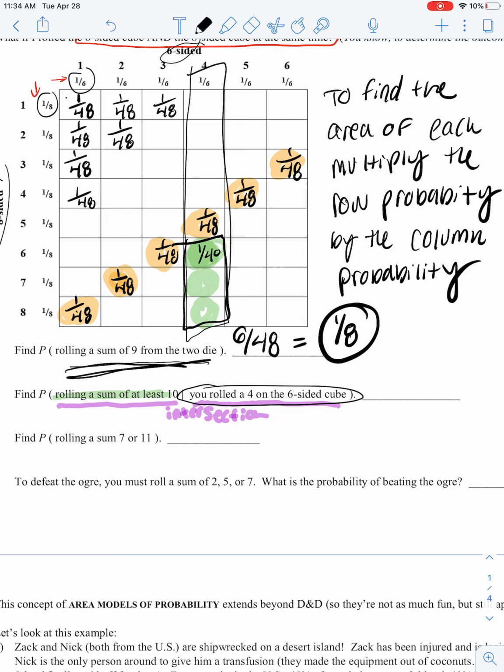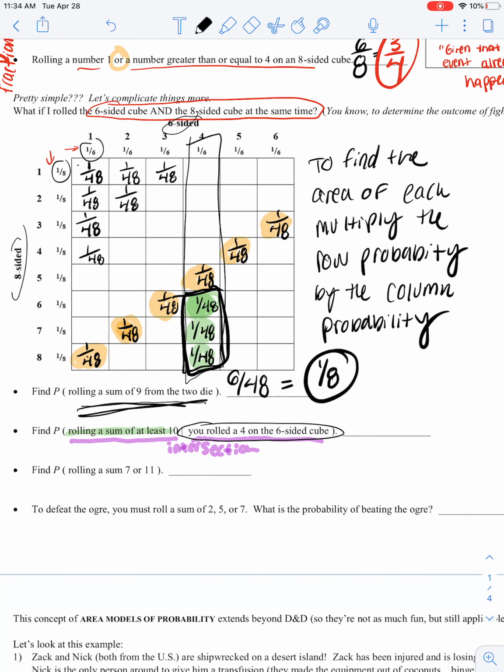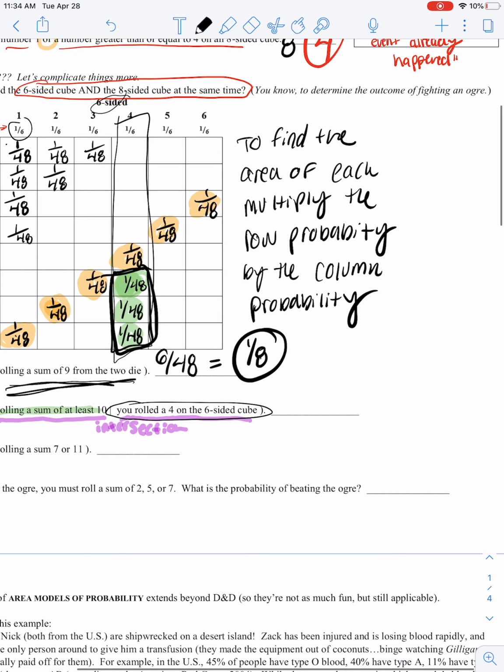So that's 1 over 48 again, 1 over 48, 1 over 48. So we have 3 squares that satisfy the two events. So given that I've already rolled a 4 on the 6-sided cube, the probability of rolling a sum of at least 10 is 3 out of 48, which is equal to 1/16.